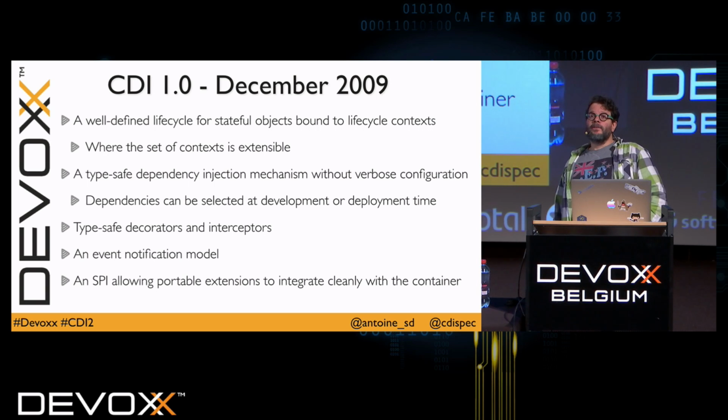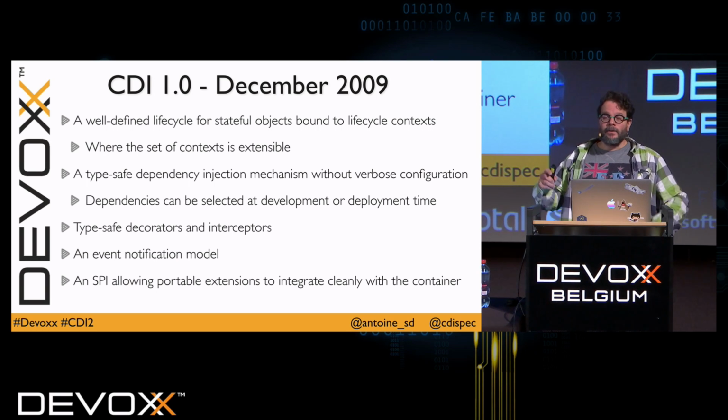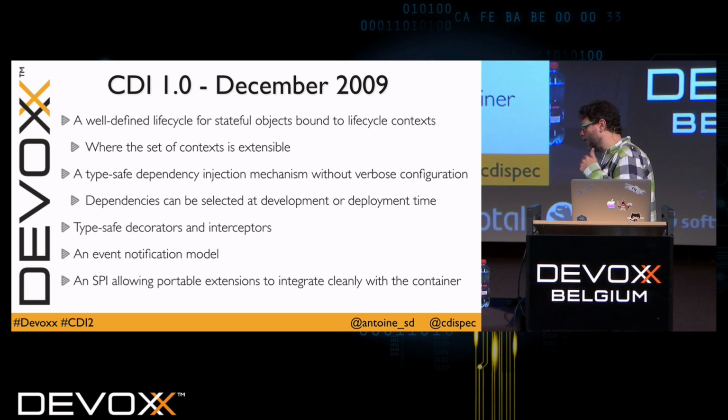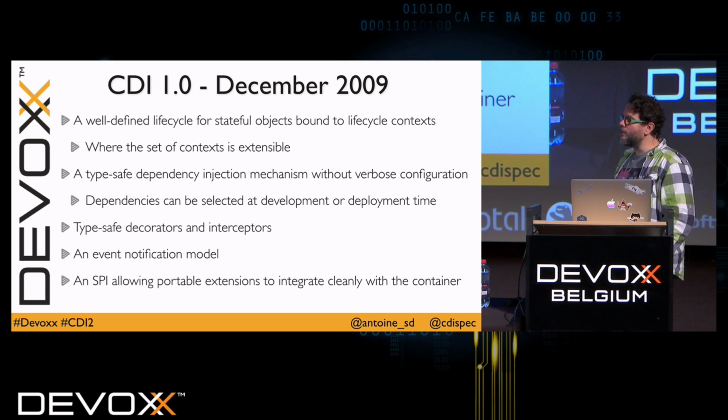To go back to the features of CDI, CDI stands for Contexts and Dependency Injection. So we are talking about dependency injection, lifecycle management for a component, and another thing that is not in the name of the spec: the portable extension feature.